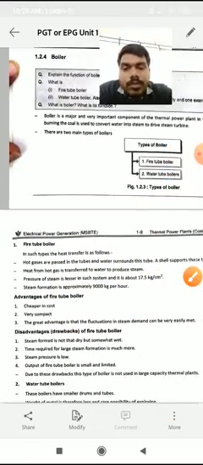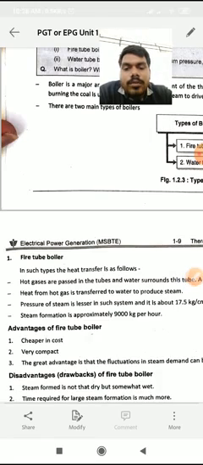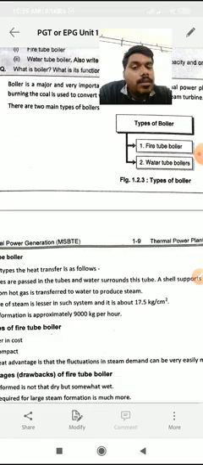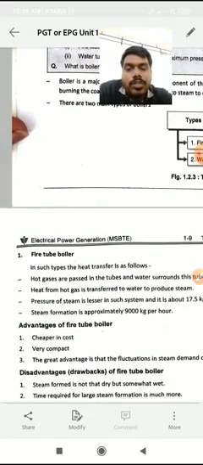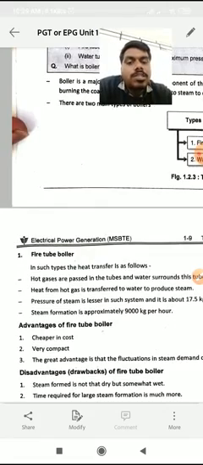So that steam is used. The heat from the gas is transferred to the water to produce steam. Pressure of the steam is lesser in such a system, about 17.5 kilograms per centimeter square. Steam formation is approximately 9,000 kg per hour.